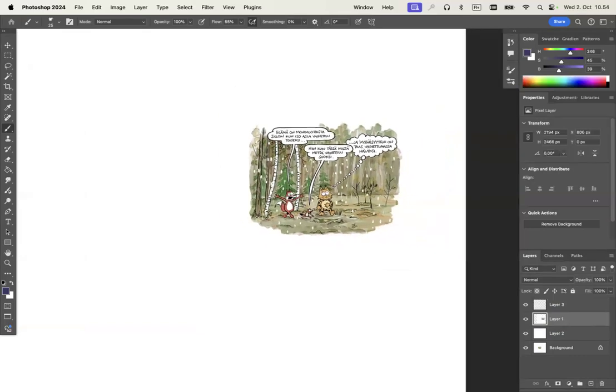Or I might just as well copy just this one on another layer and then get rid of this huge layer here.